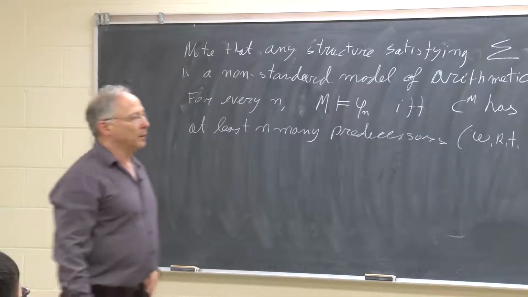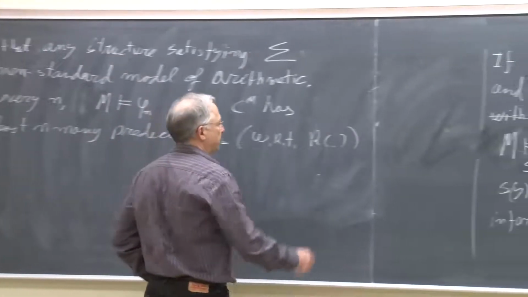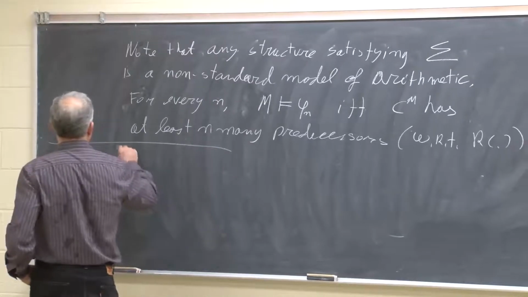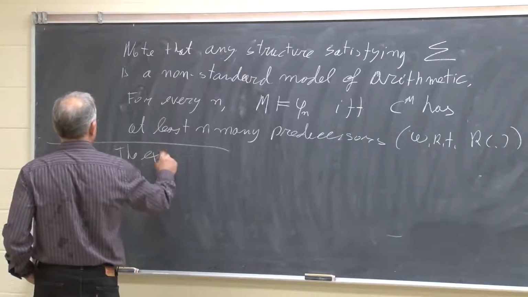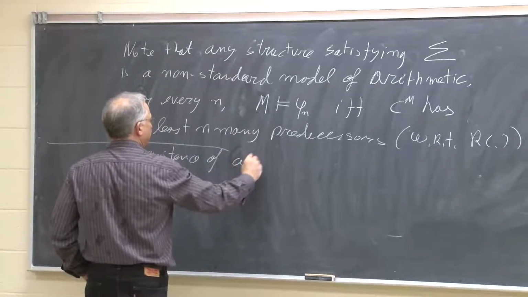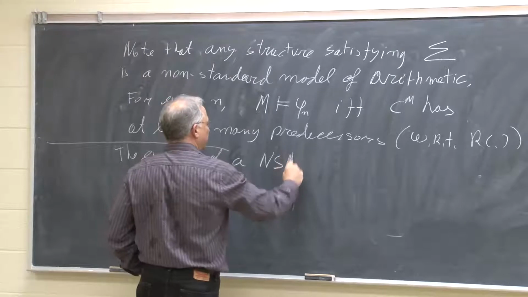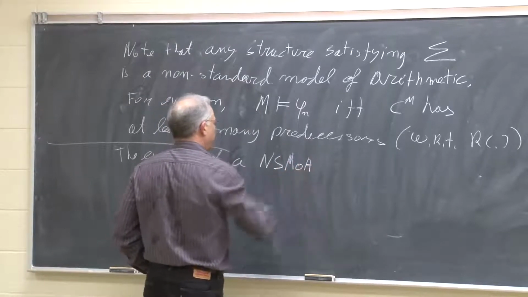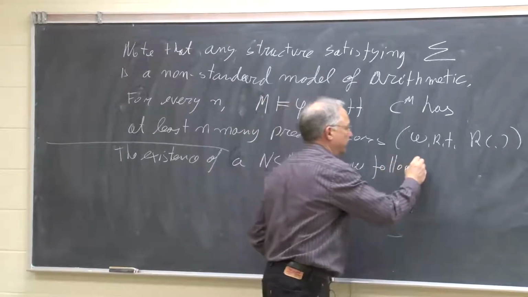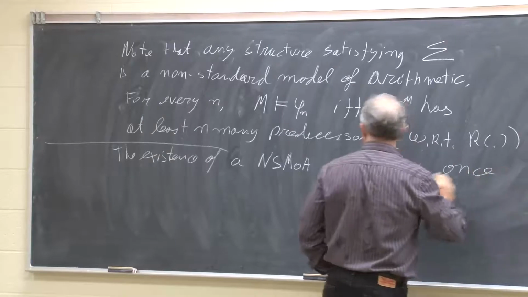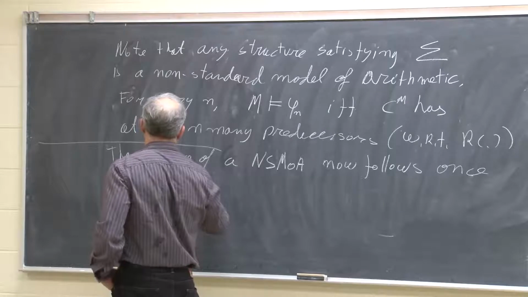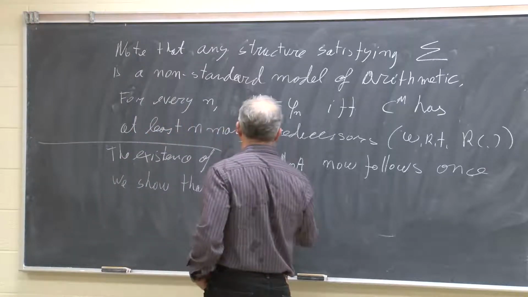So now, to show that a non-standard model of arithmetic exists, it suffices, so the existence of a non-standard model of arithmetic now follows once we show that sigma is satisfiable.